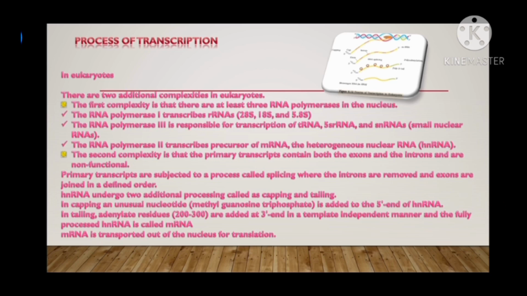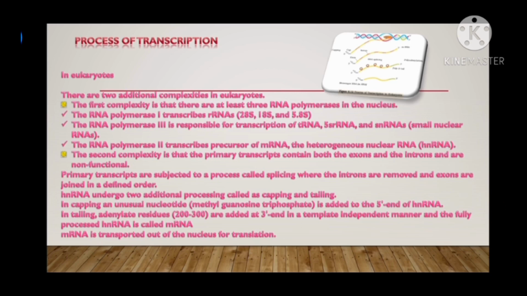Nobody wants introns, because they do not code for proteins, so they need to be removed. The more complex the organism, the greater the amount of introns found. In very simple organisms, it is possible that there are no introns.